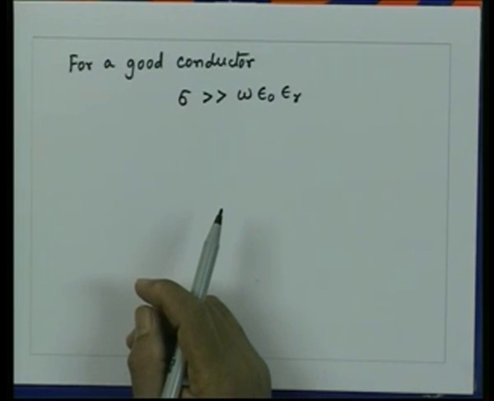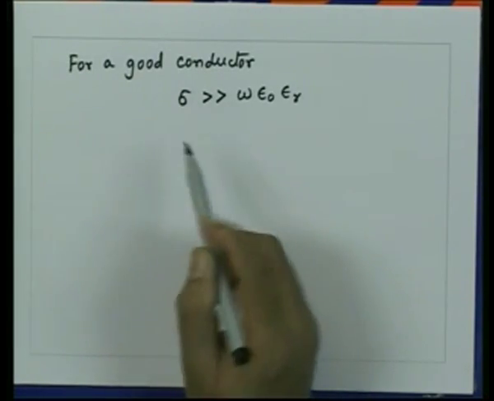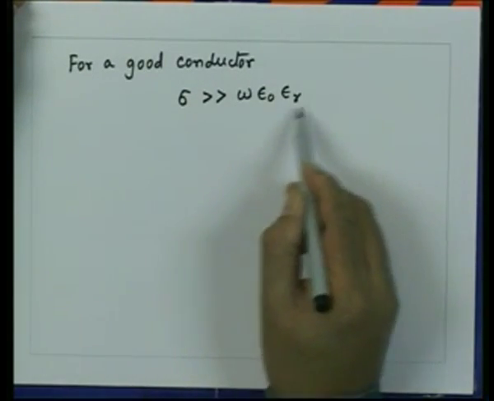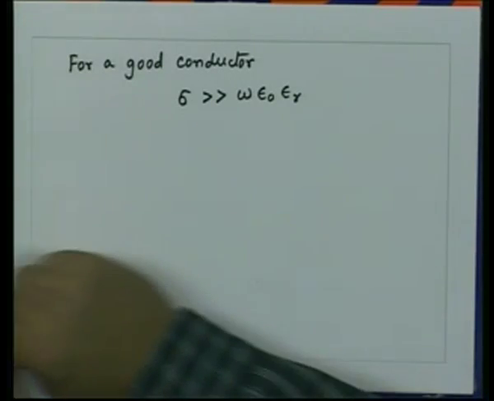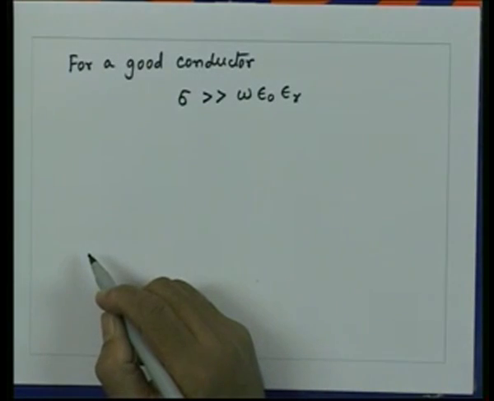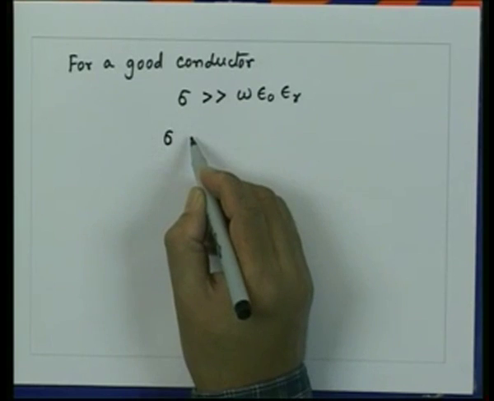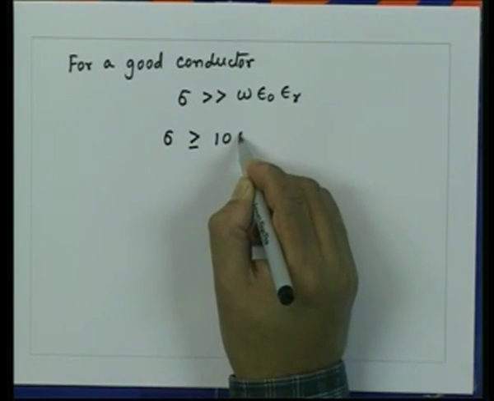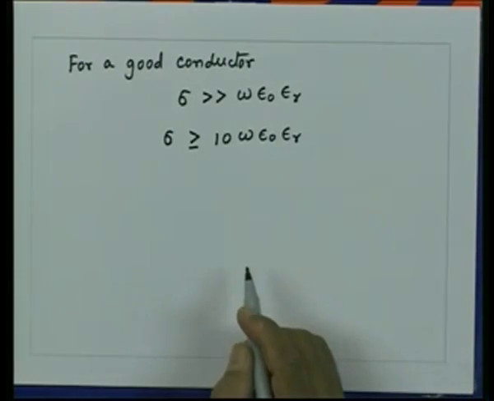Much greater means if this quantity is 10 times this quantity, just an arbitrary number, then we say the material will behave like a good conductor. So, let us say that sigma should be greater than or equal to 10 times omega epsilon 0 into epsilon r.